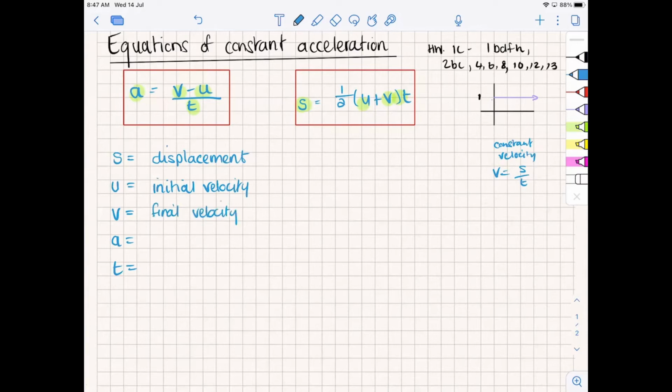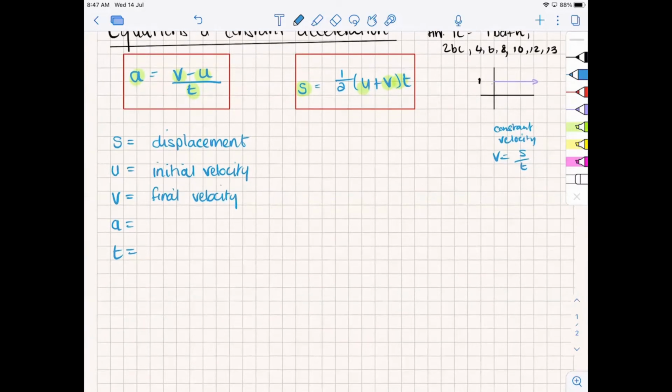So the moment you see a V and a U, you immediately know to yourself, this is not constant velocity. This is a change in velocity, and hopefully it's a constant acceleration. Because if it's not constant acceleration, we can use none of these formulas. All of these formulas rely on the principle that this is constant acceleration. The A will stand for the acceleration.